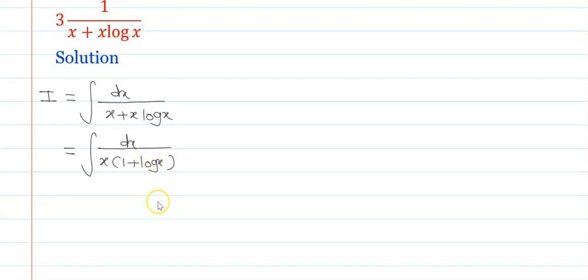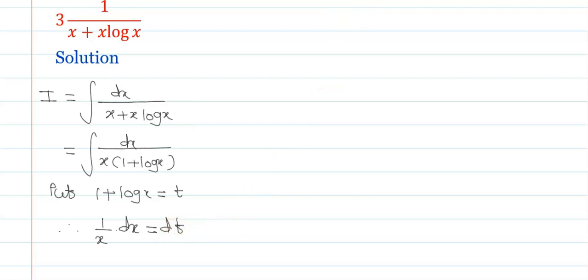And here we have the substitution. Put 1 plus log x equal to t, and differentiate. The derivative of 1 is 0, which is a constant, and the derivative of log x is 1 upon x dx, and this equals dt.